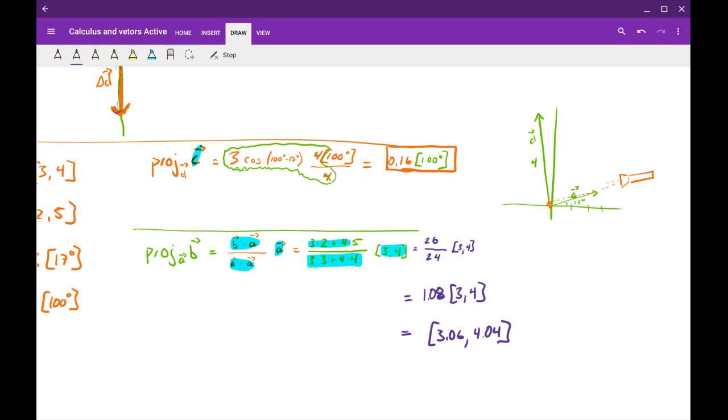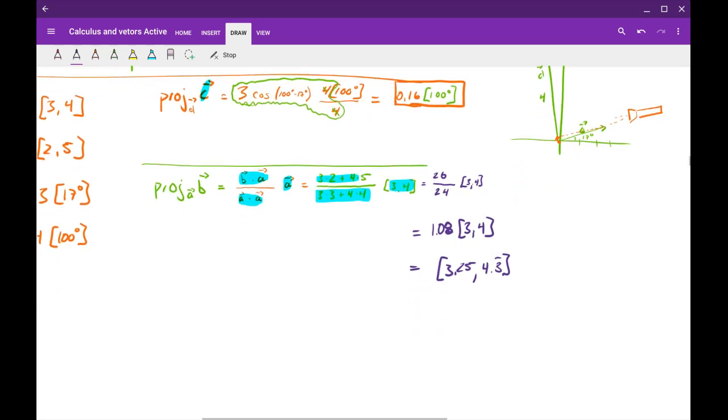And so that means times 3 is going to be 3.25. Sorry about that. That was a pretty bad guess. And this one is going to be times 4, 4.3 repeating. Anyway, so there's our projection there.